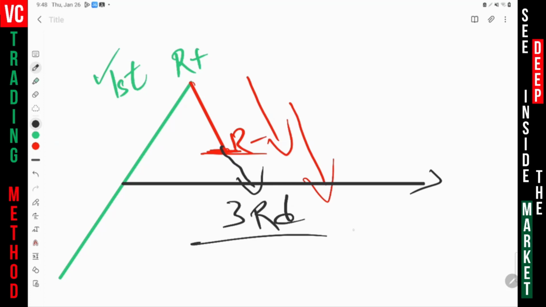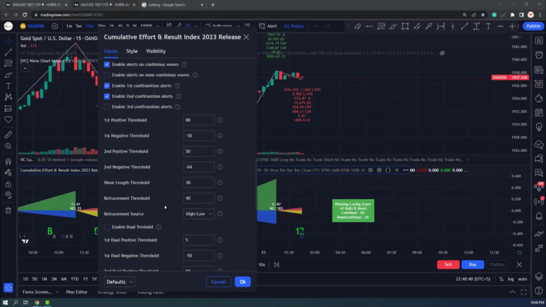Let me give you a live example here. You see here, retracement threshold. This one. Is this input clear to you? Yes, sir.